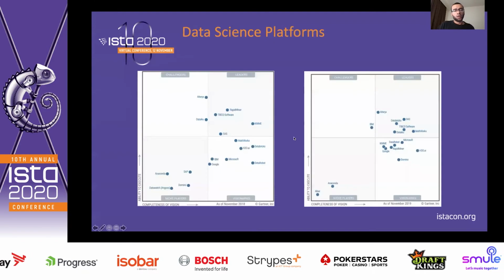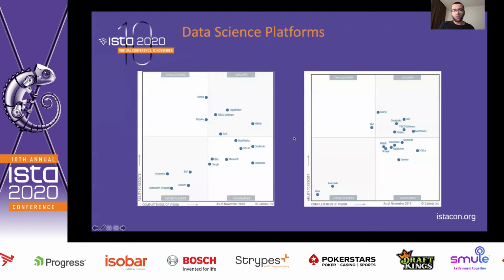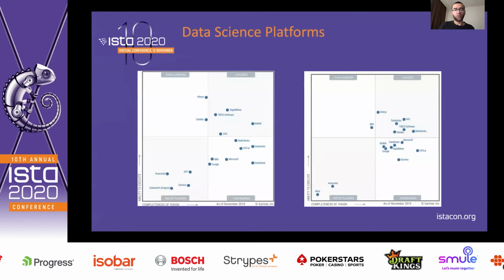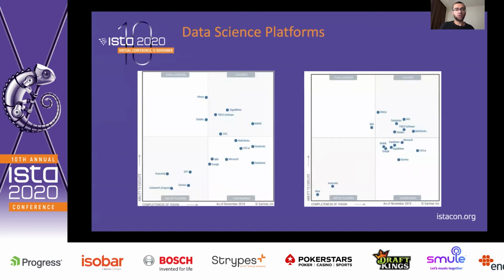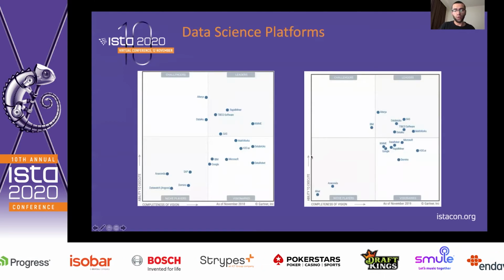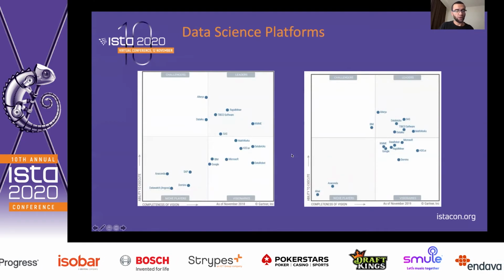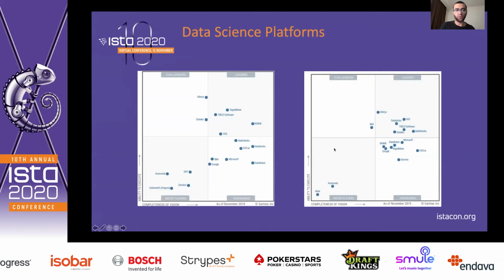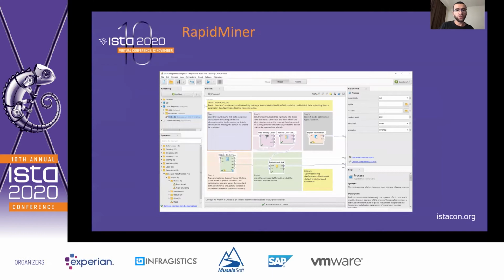Okay, so I would also recommend that you try to learn as much as possible from existing data science platforms and to check the Gartner reports. They do reports every year and they compare data science platforms. I will just mention RapidMiner here for the common theme of all data science platforms. For all of them, you're creating some doc, you have some operators.